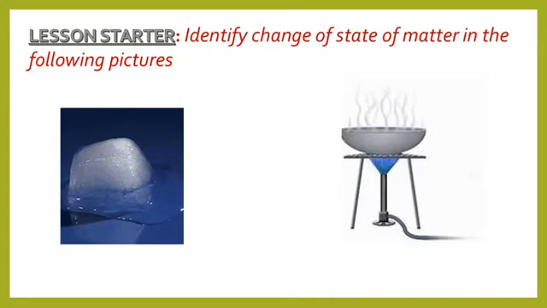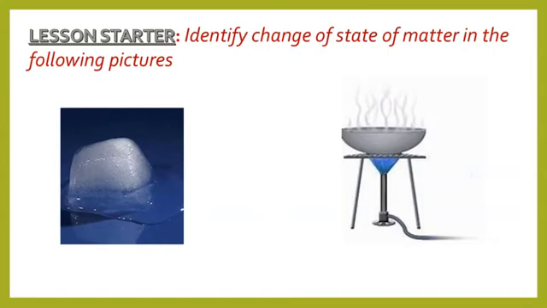So looking at the two pictures, what does the first one represent about change of state of matter? And looking at the second one, seeing the matter coming out of the evaporating dish.